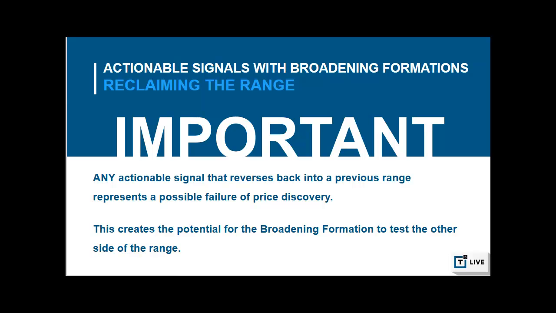Any actionable signal that reverses back into a previous range represents a possible failure of price discovery. This creates the potential for the broadening formation to test the other side of the range. So when we're looking at these actionable signals, where are they occurring compared to the previous range that we know about? Are they confirming a breakout, or are they confirming back into the previous range?